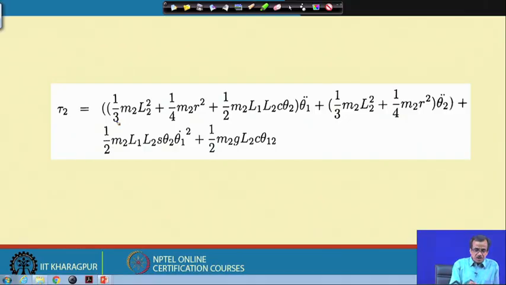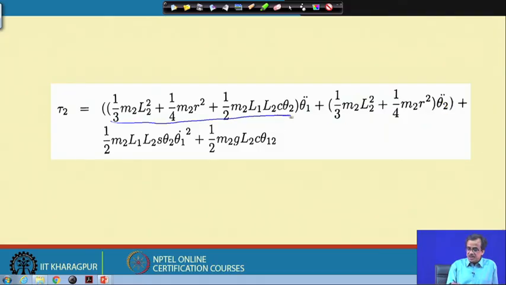So, these particular terms will be nothing but the inertia terms like 1/3 m 2 L 2 square plus 1/4 m 2 r square plus half m 2 L 1 L 2 cos theta 2 into theta 1 double dot, plus 1/3 m 2 L 2 square plus 1/4 m 2 r square theta 2 double dot.